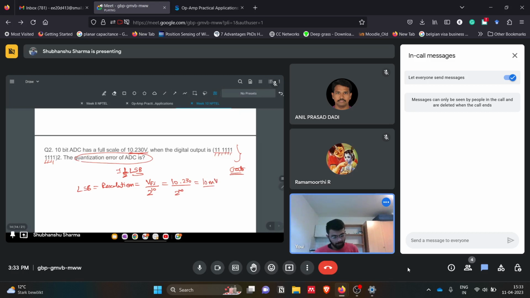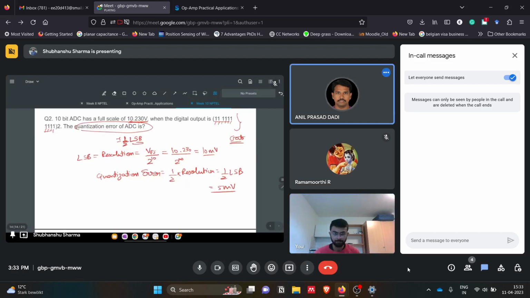And then the quantization error will be half of the resolution, or half of LSB, that is 5 millivolts.